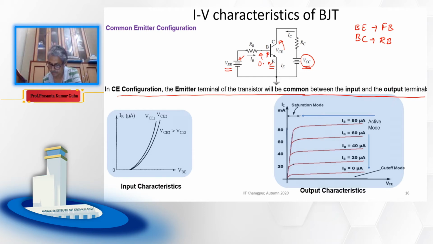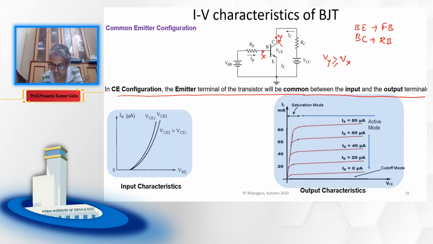Say this is the point Y and this is the point X. If Vy is greater than or equal to Vx, then we can say this is reverse biased, right?